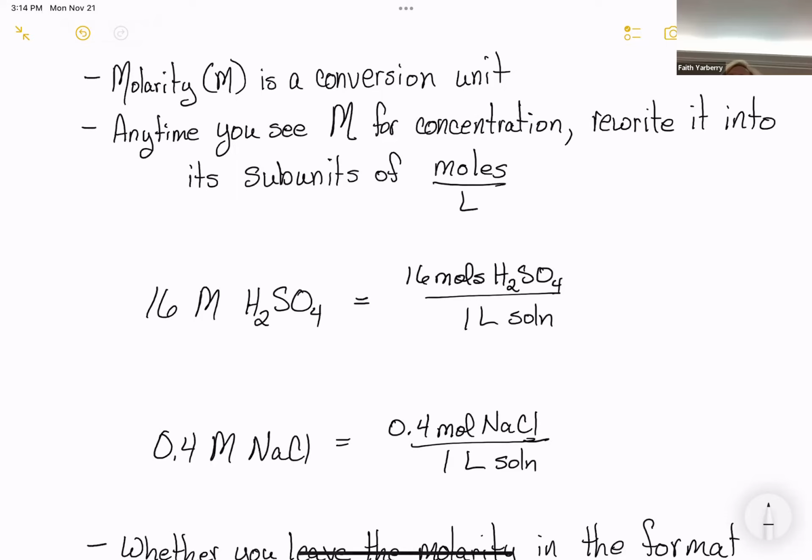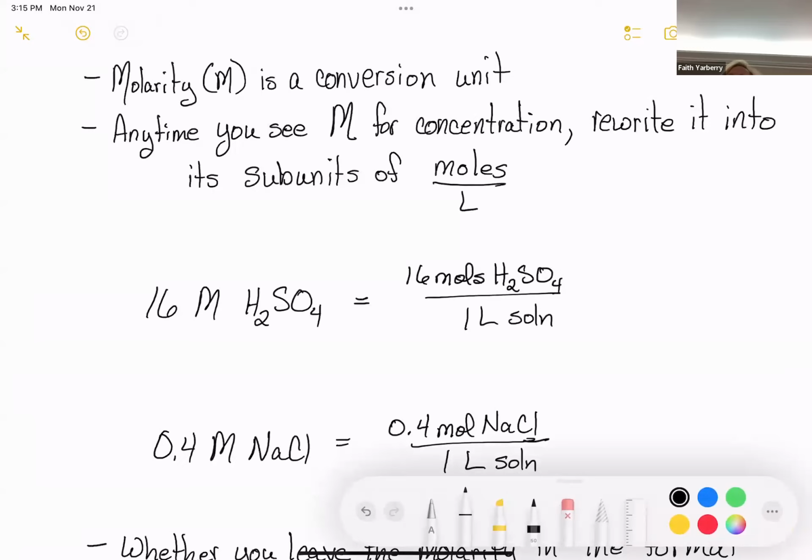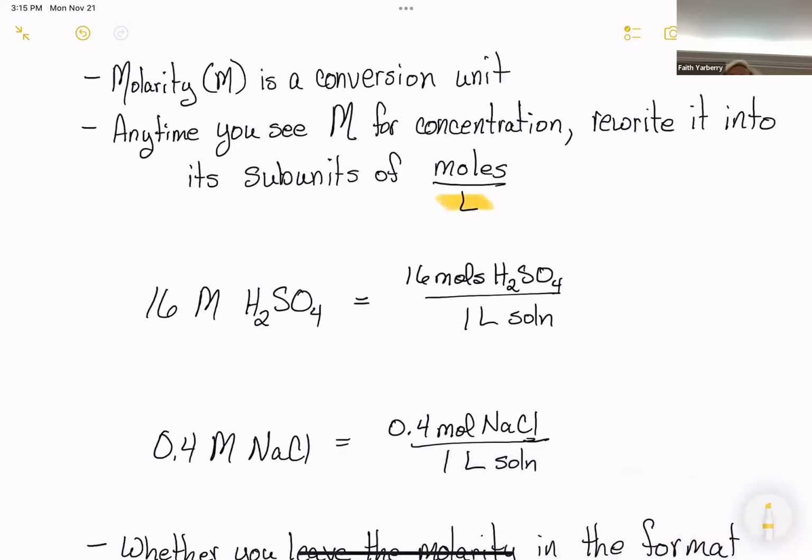This is a conversion factor that allows you to go from an amount of material into its volume. And the key here, folks, is that whole volume issue. Anytime I see a volume unit, and I start talking about stoichiometry or conversions, I'm going, molarity is my conversion factor. See a volume unit, molarity is going to be your conversion factor.